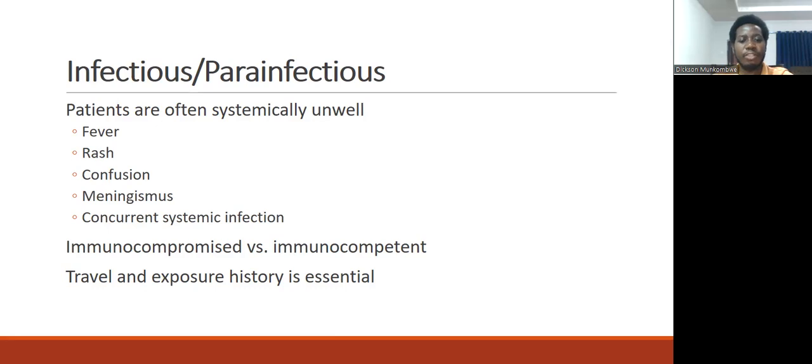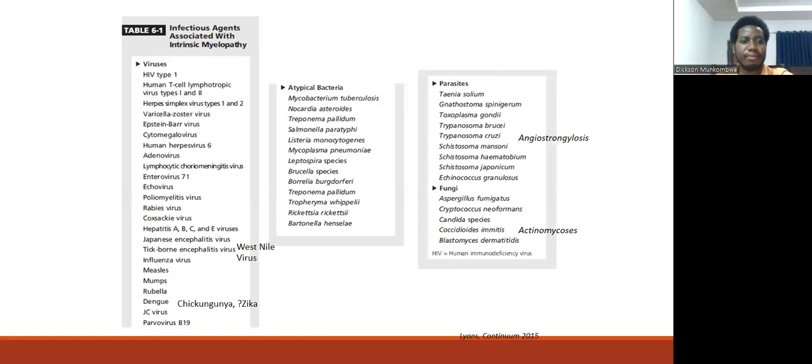Are they immunocompromised or immunocompetent? Because the differential of the infectious agents tends to differ slightly between the immunocompromised and the immunocompetent host. Travel and exposure history is often very important in infectious or parainfectious etiologies.